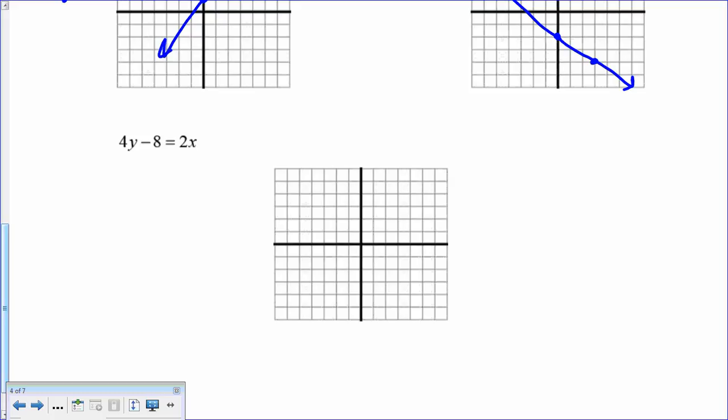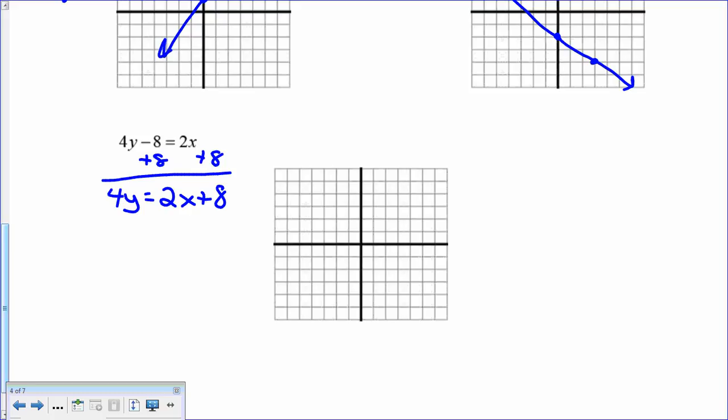So how do I move minus 8 across the equal sign to the 2x side? Add 8 to both sides. So if I add 8 to both sides, I get 4y equals 2x plus 8. We're almost there, right? What's the last thing I have to do to get y equals?